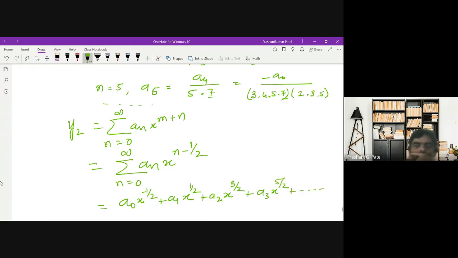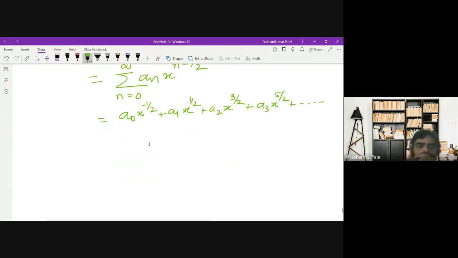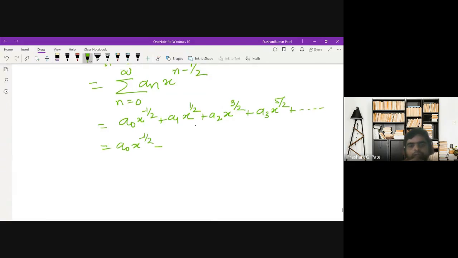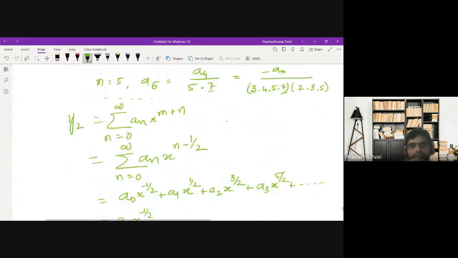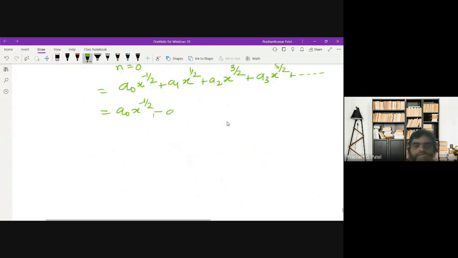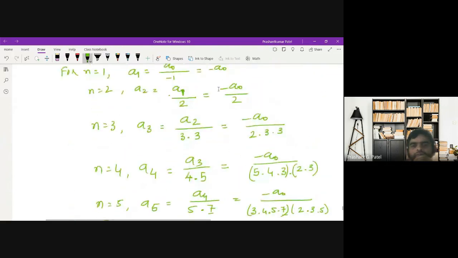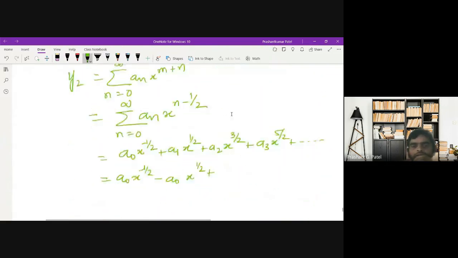If you substitute these values here, a0 is a0, a1 we have the value minus a0 x raised to 1 by 2, plus a2, we have the value minus a0 by 2.